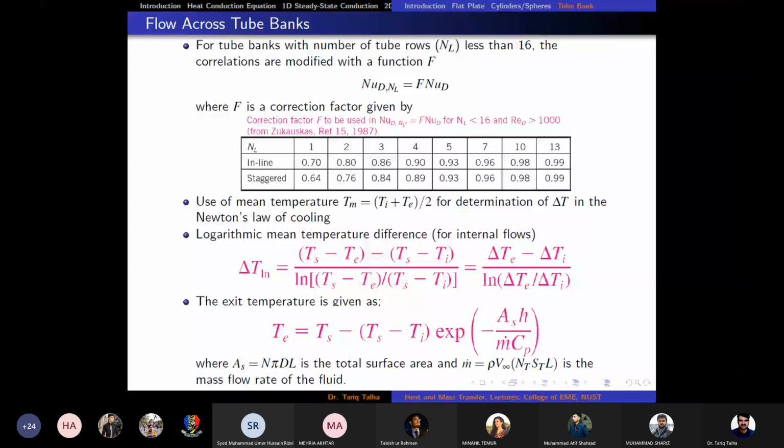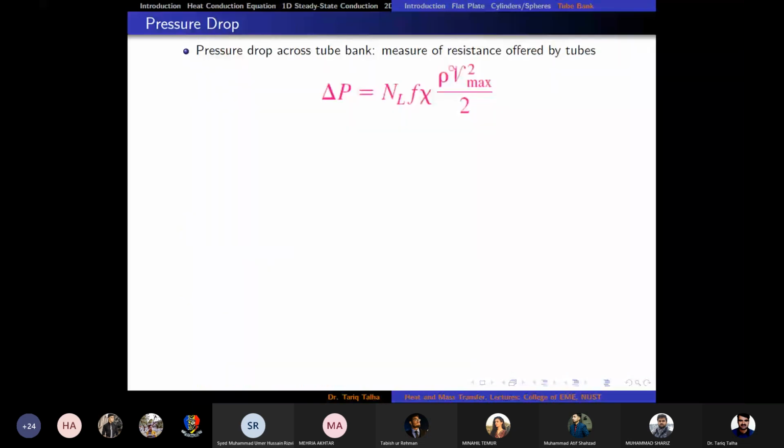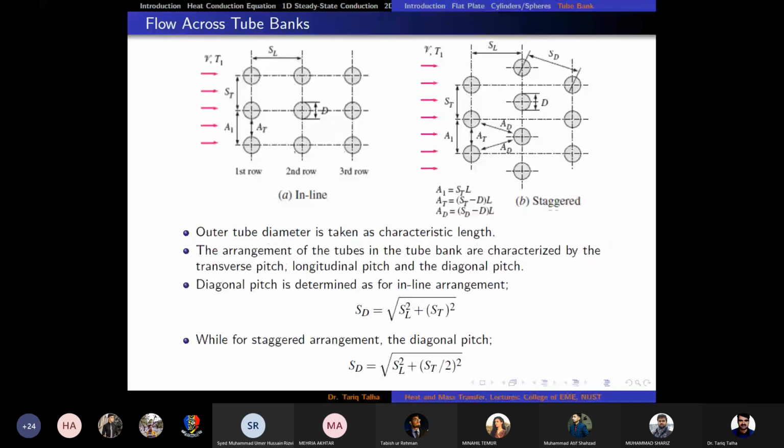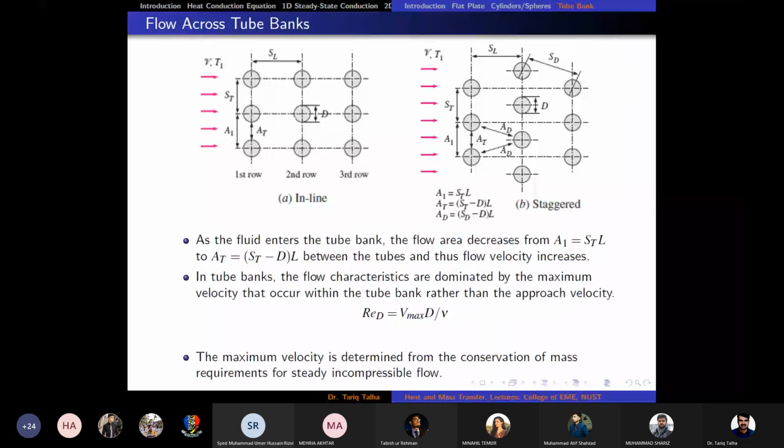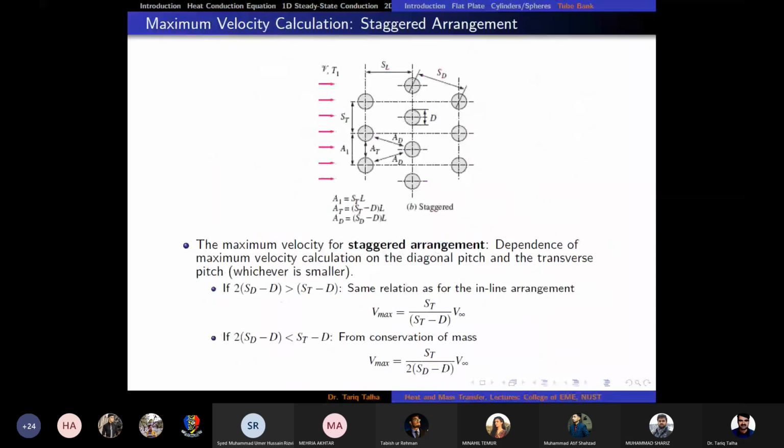So this was about the heat transfer. But because Sinjal is also interested in fluid mechanics, he has told us that to have flow over this tube bank, we need some kind of pressure difference, some kind of pump or fan.